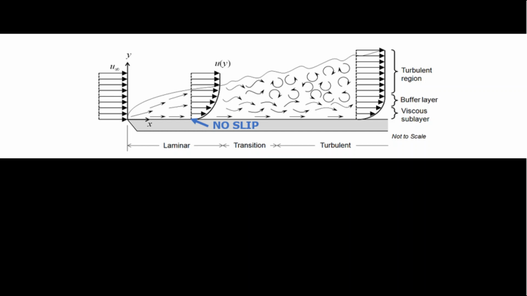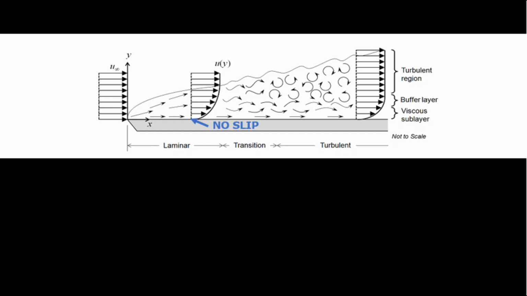The velocity of the fluid which is in contact with a solid surface has the velocity of the surface. So obviously, if we're talking about a pipe, the velocity of the wall of the pipe is 0, because the pipe is at rest. So that means that the fluid which is in contact with the wall pipe has 0 velocity.